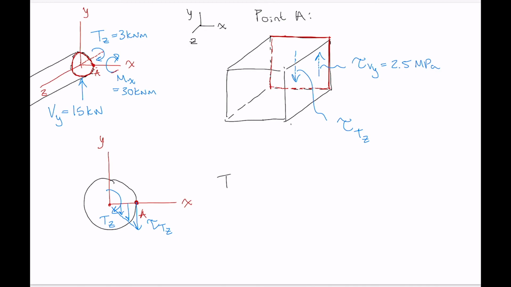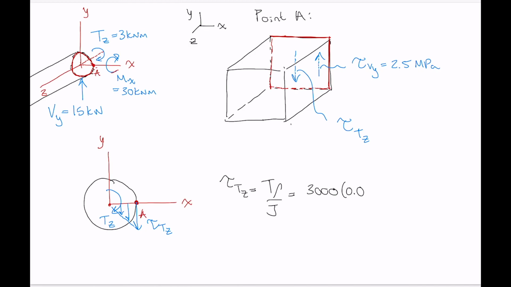And again, we can calculate the value of this. We know that tau, that's supposed to be a tau, not a t. Tau Tz is going to be given by the equation T rho over J. And what do we have there? We've got our torque is 3 kilonewton meters, multiplied by rho. That's the distance that our point is radially from the center, or the centroid of the cross section. So that's going to be the radius in this case.